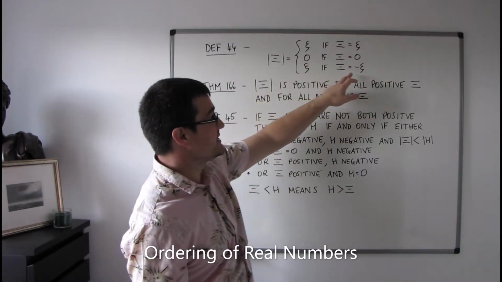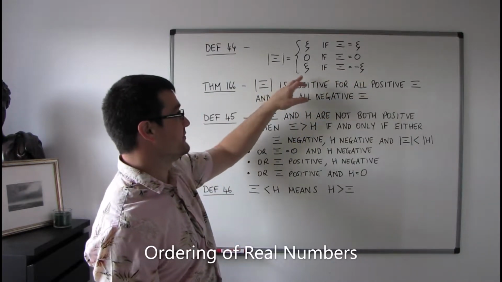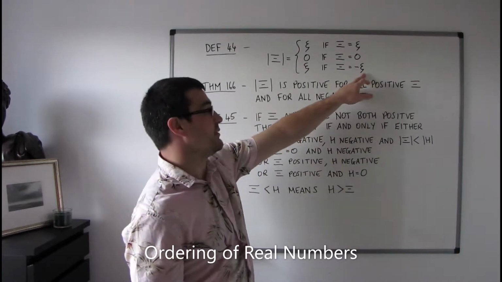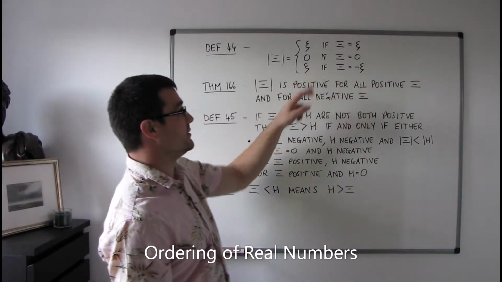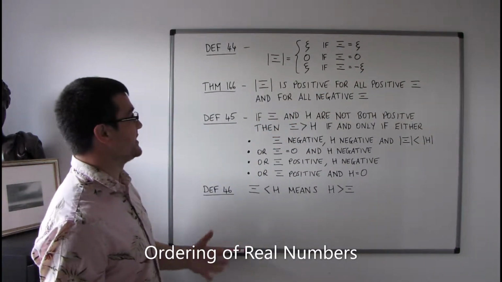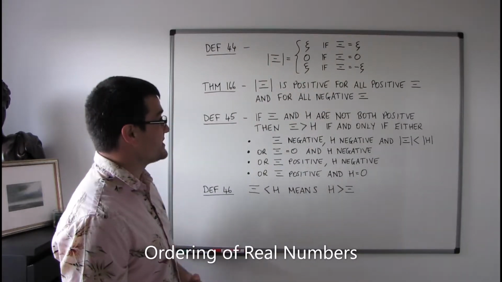But if ψ is a negative real number, then the absolute value is just going to be, let's say, the positive number that corresponds to this negative real number, loosely speaking. Theorem 166 follows immediately from this.